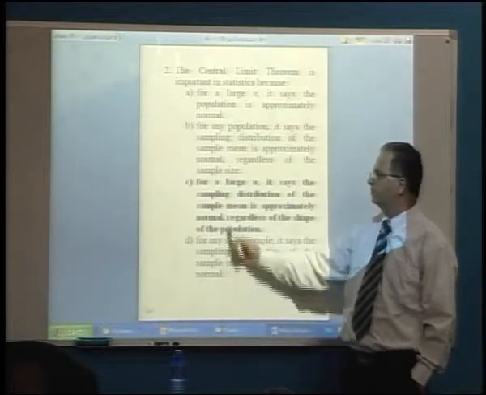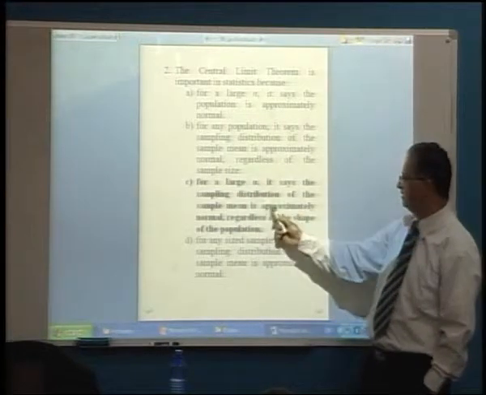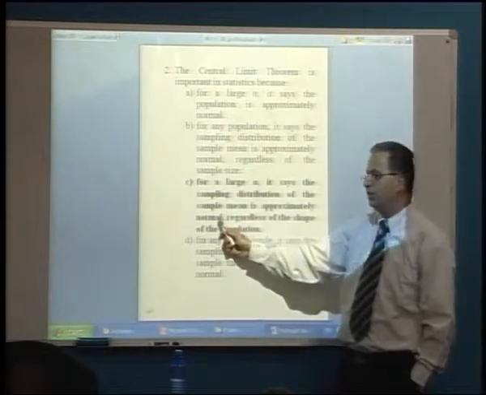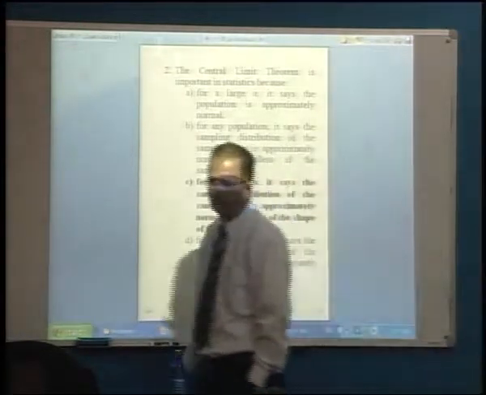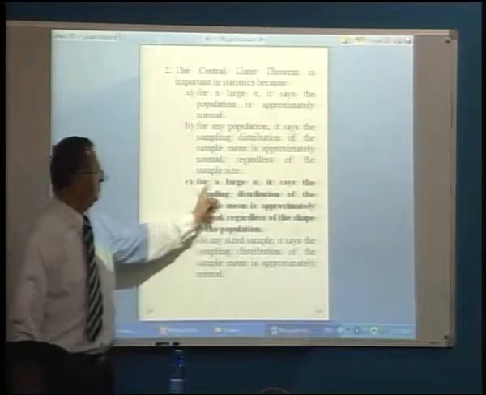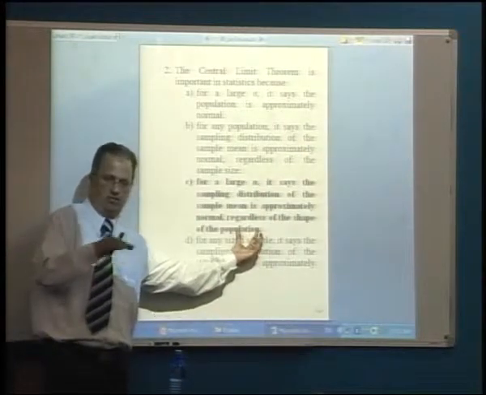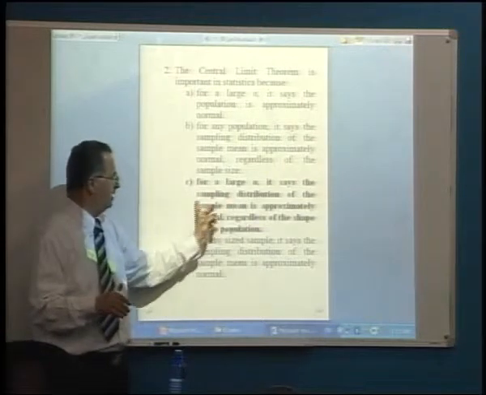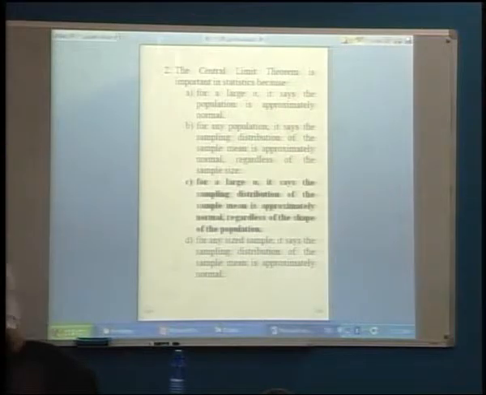That's incorrect. Part C, for large n, it says the sampling distribution of the sample mean is approximately normal, regardless of the shape of the distribution. That's true, because here we have a large sample size. So regardless of the shape of the population, we can say that the sampling distribution of the sample mean is approximately normally distributed.